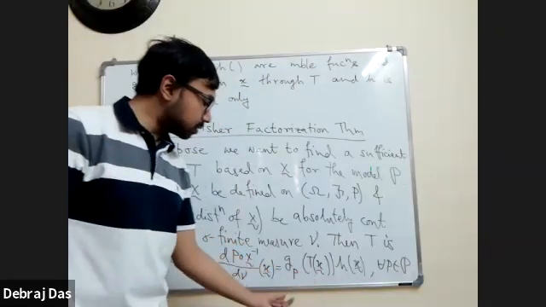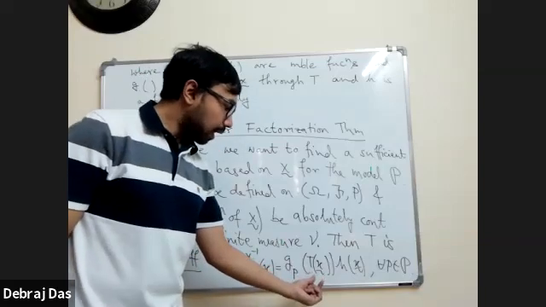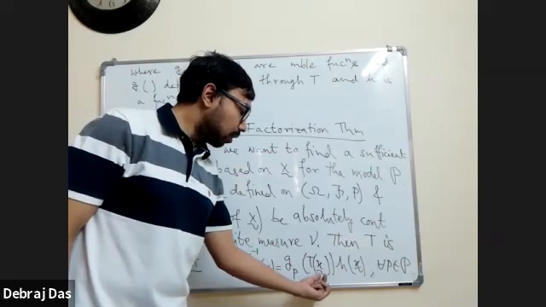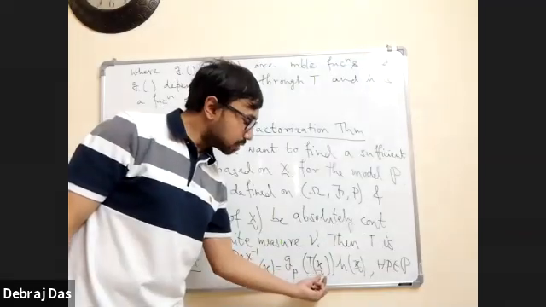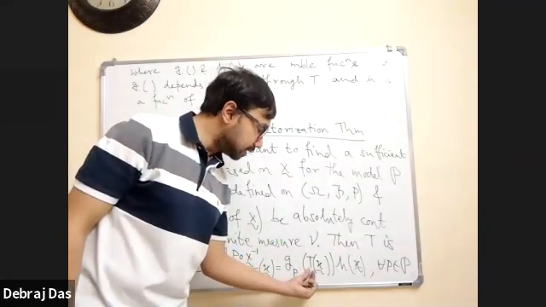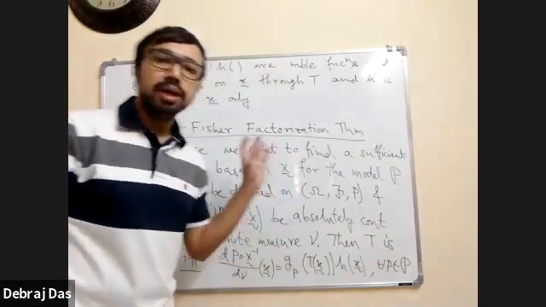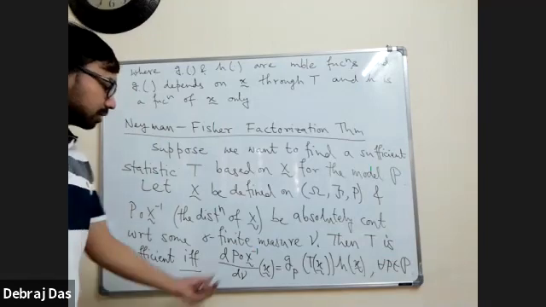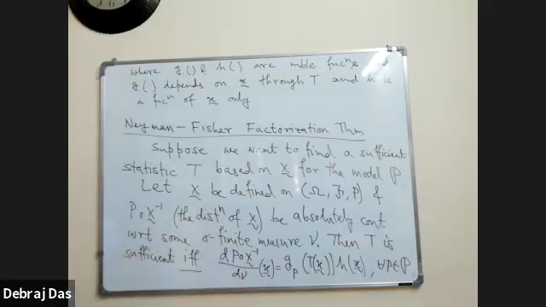One function depends on the model and the statistic, and it does not depend on the observed sample explicitly, but it depends on the observed sample only through the statistic T. And the other function H only depends on the observed sample X curve. Okay, so this is the Neyman-Fisher factorization theorem. You can simply think of this quantity as a PDF or PMF. Okay, nothing else.